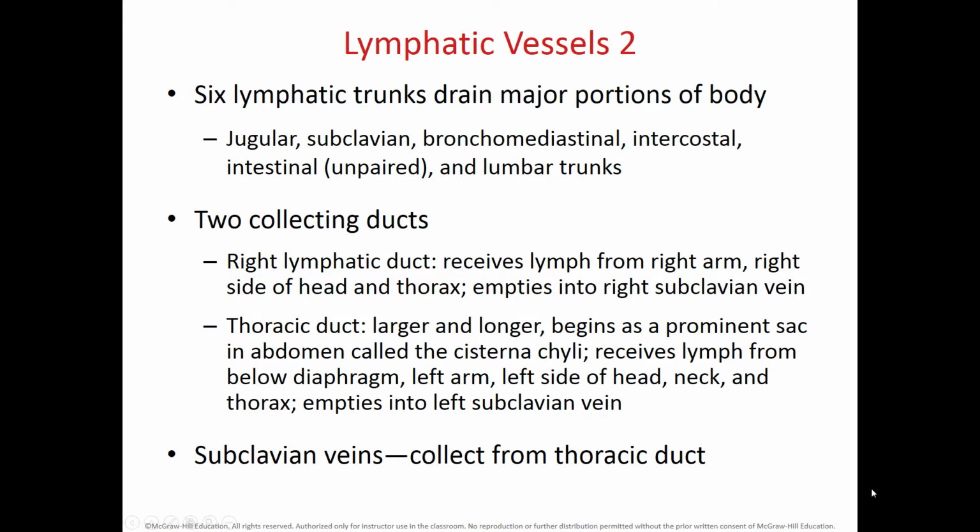So that's why the thoracic duct is the largest. The thoracic duct will drain into the left subclavian vein, and then the subclavian veins will drain into the brachiocephalic vein, and then they will drain into the right atrium.